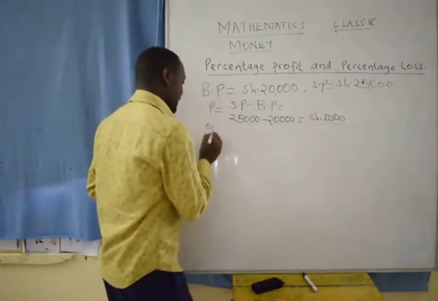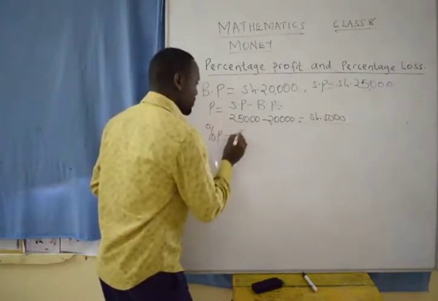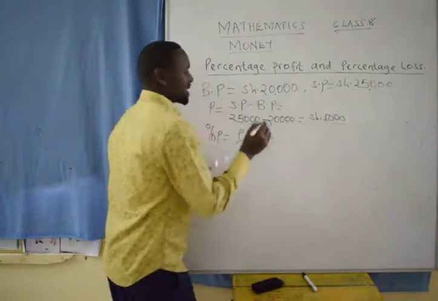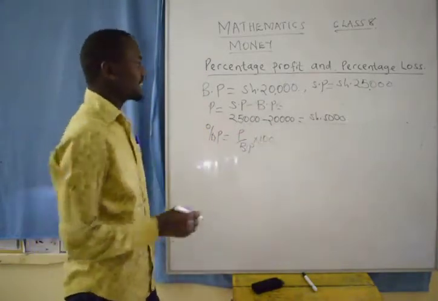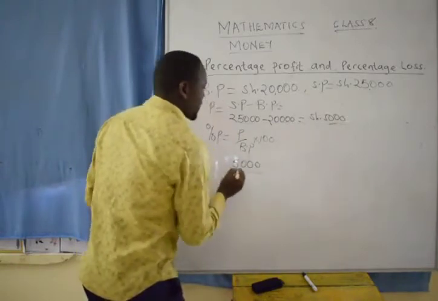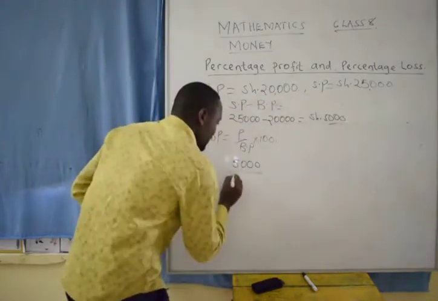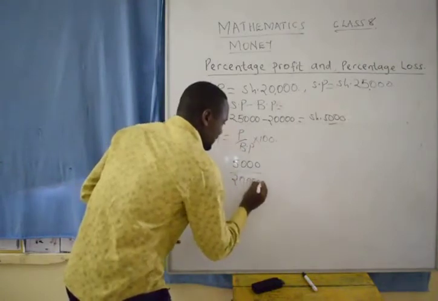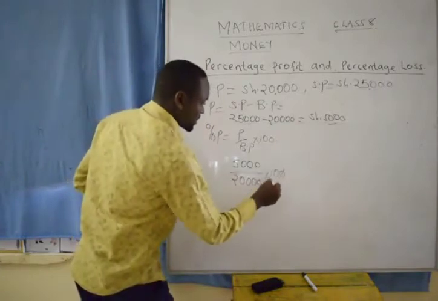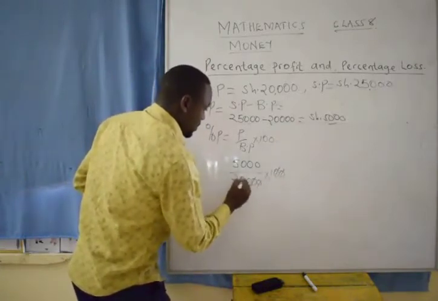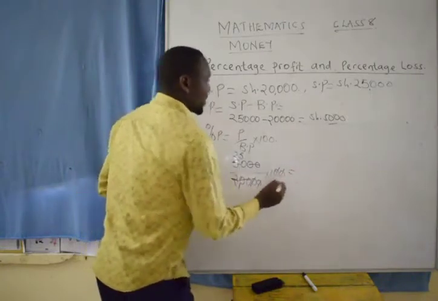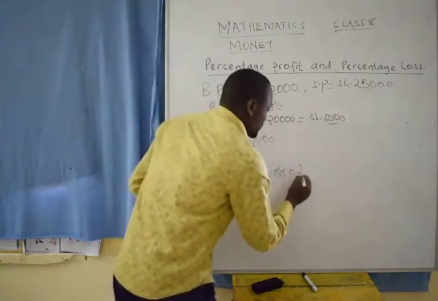Percentage profit is given by the profit over the buying price times 100. In our case, our profit is 5,000 shillings over the buying price, which was 20,000 shillings, times 100. We simplify: 5,000 over 20,000 is 1 over 4, times 100, which is 25. So the percentage profit was 25%.